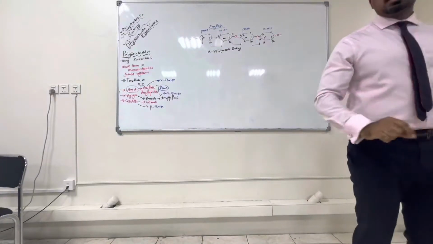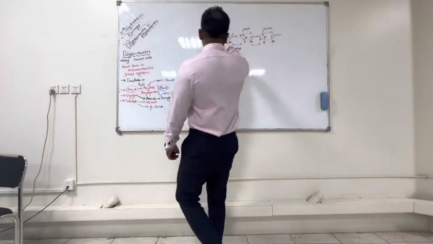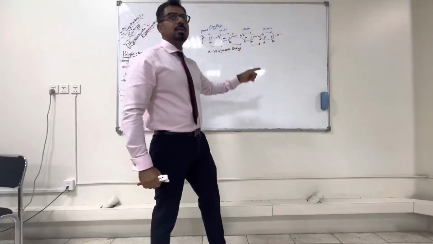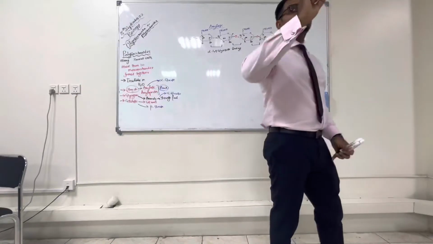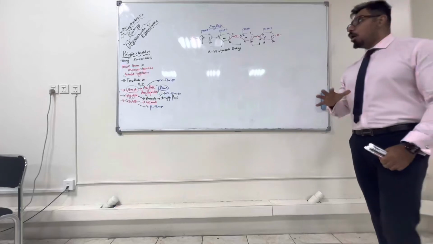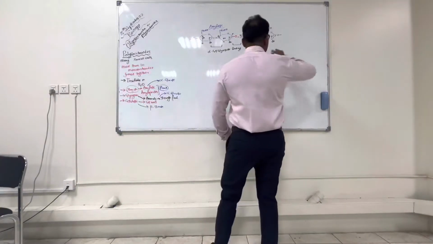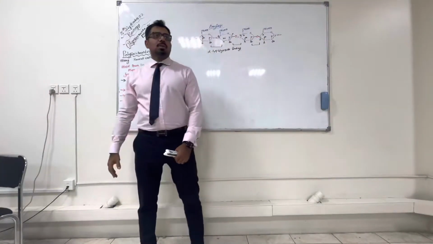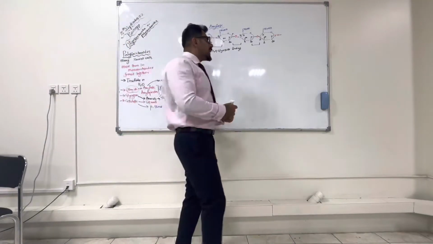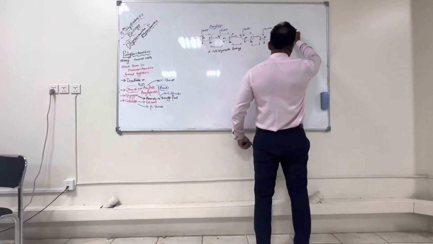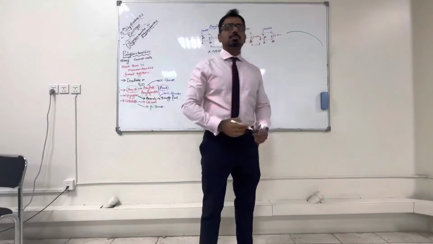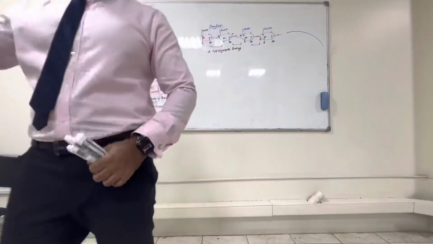Now, actually, when I drew the bond like this, it was to show that there is a bond angle. And that bond angle does not keep this chain straight. Because of that bond angle, the chain will bend.